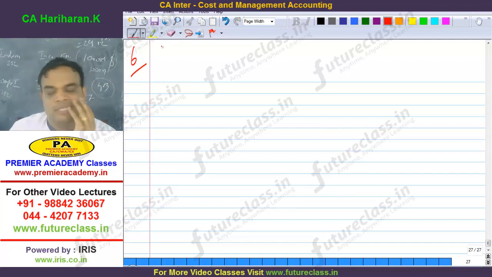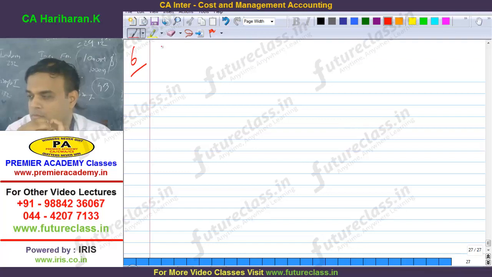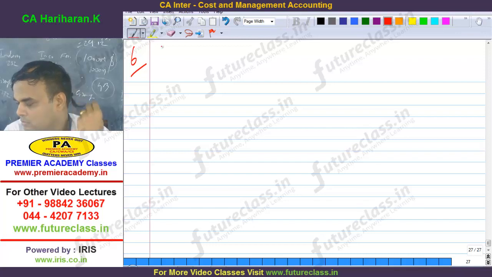Semi-variable overheads at 100% activity level, that is 10,000 units, are expected to be rupees 40,000, and these overheads vary in steps of rupees 2,000 for each change of output of 1,000 units. Fixed overheads are estimated at rupees 50,000. Selling price per unit is expected to be rupees 40. Prepare a flexible budget at 50%, 70% and 90% levels of activity.